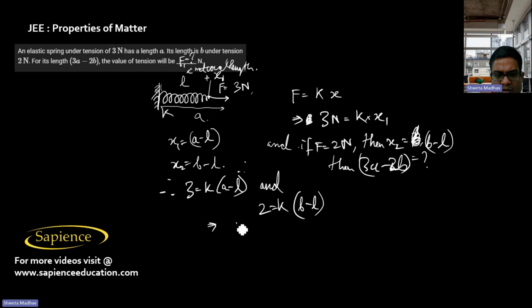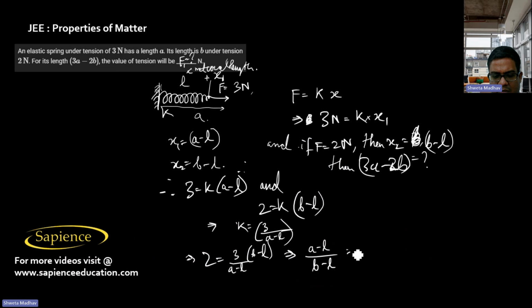Now from here we can say K equals 3 by a minus L. Therefore we can say K will be equal to 2 by b minus L. Means that a minus L by b minus L is equal to 3 by 2.